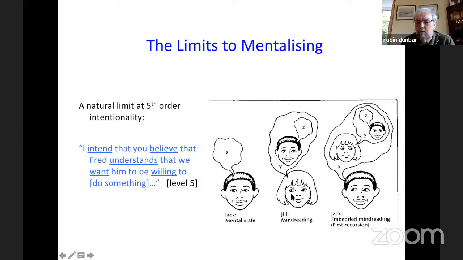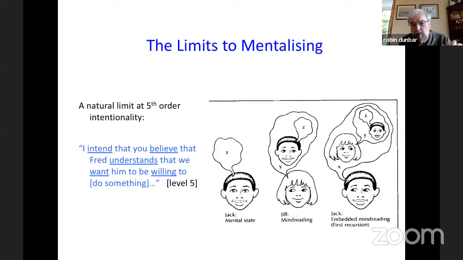They're pretty much on the verge of passing these kinds of tests. All other animals, including all the other monkeys, sit down here or are scattered in between these two. But humans can go further than this. They can embed successive series of mental states, and the limit seems to be at about level 5. So you can understand 4 other people's mind states as they're thinking about each other.